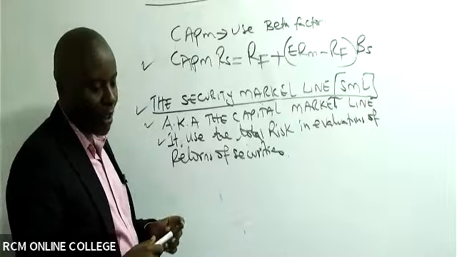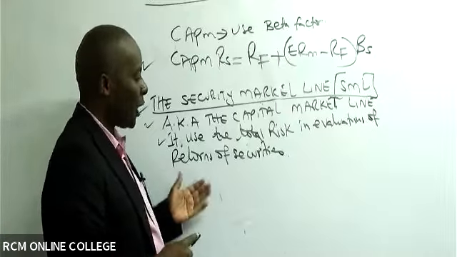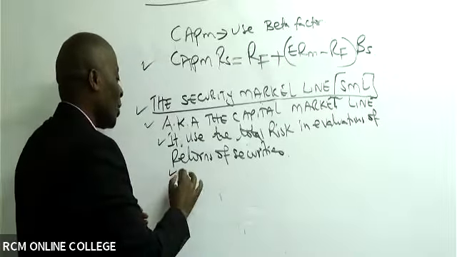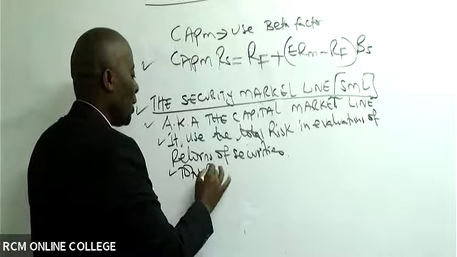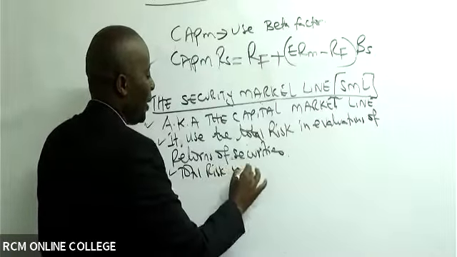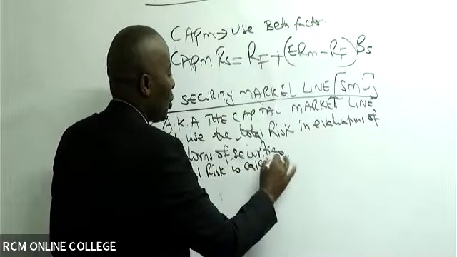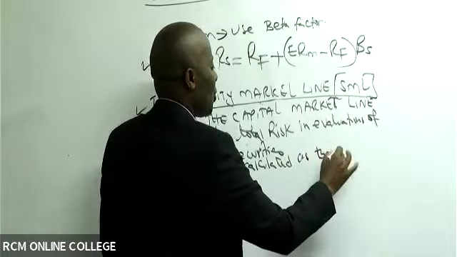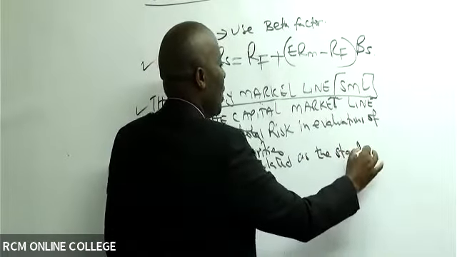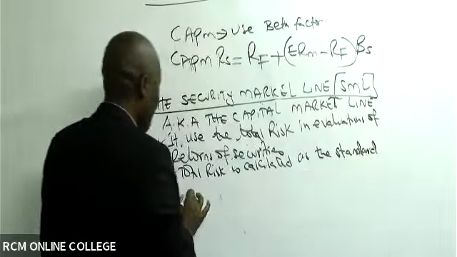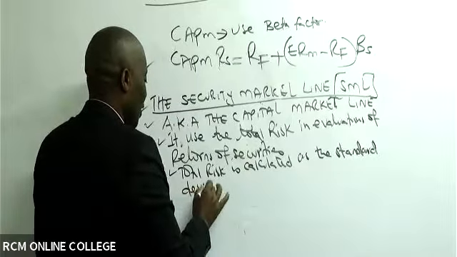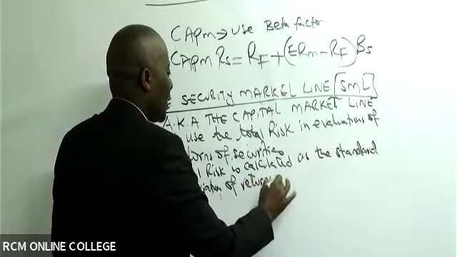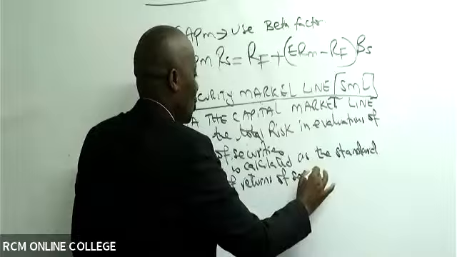It uses total risk in evaluations of returns of who? Securities. It will be very important for us to mention that total risk is calculated as the standard deviation of returns of securities.